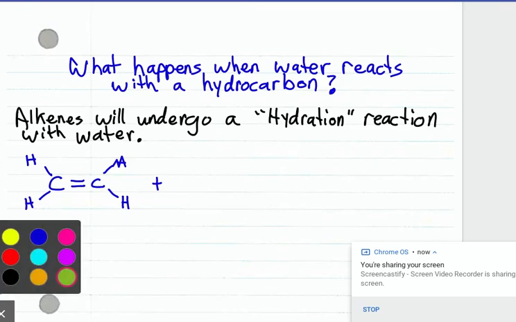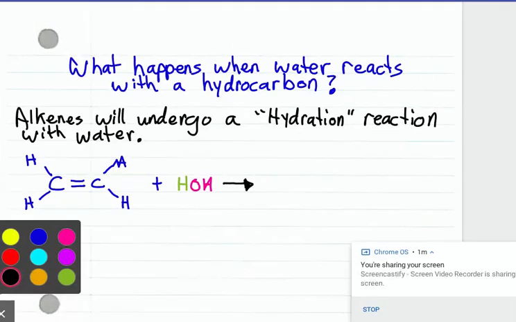Now I'm going to draw water a little bit differently than what we've seen before, but we do know that our water is an H2O, and sometimes we can draw it like this, HOH, just to help us see where the different parts of the water molecule are going.